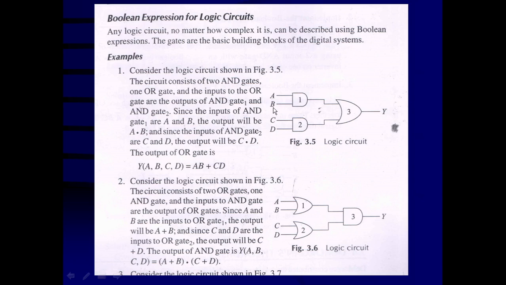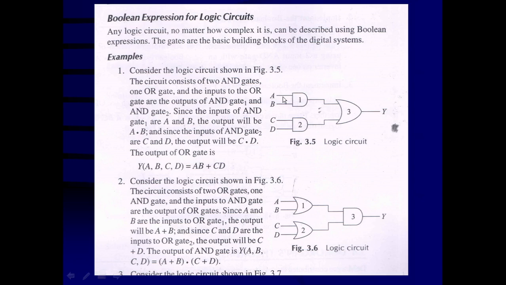Here an example is given. This is the one logic circuit in figure 3.5. Two AND gates which are followed by an OR gate. This kind of network is known as an AND OR network. The OR gate is following the AND gates. That's why it is called an AND OR network. Very important network. There are two AND gates.